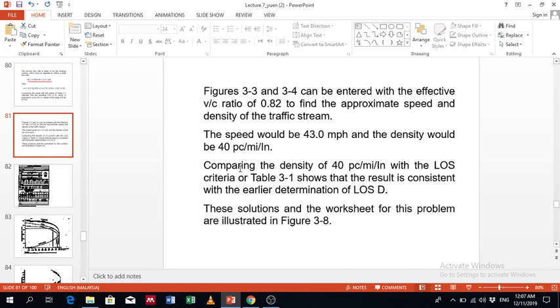All right. So now we have to compare these two kinds of capacity, comparing the density of 40 with the LOS criteria in table 3.1.